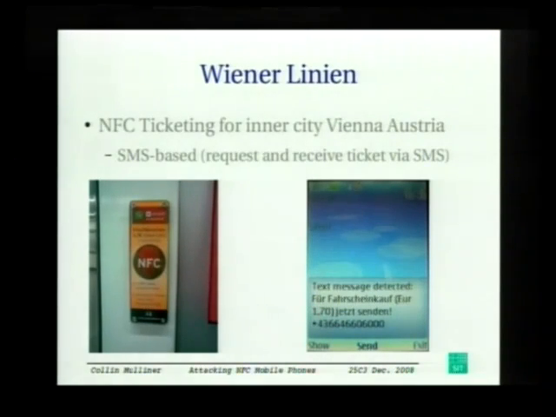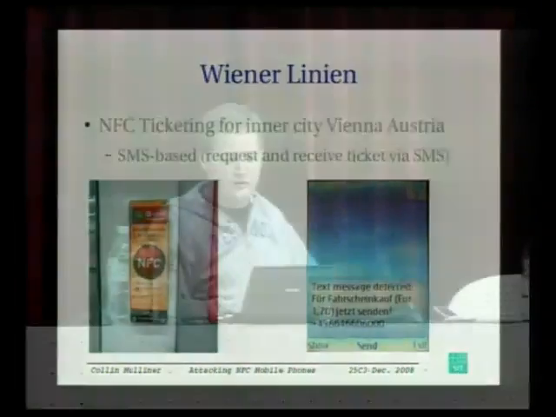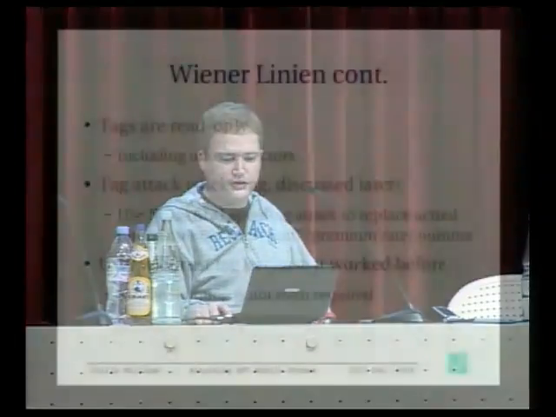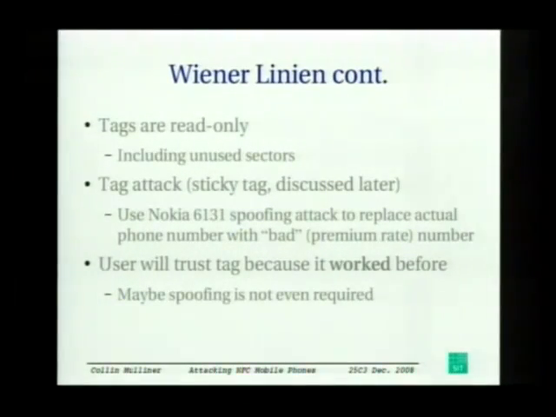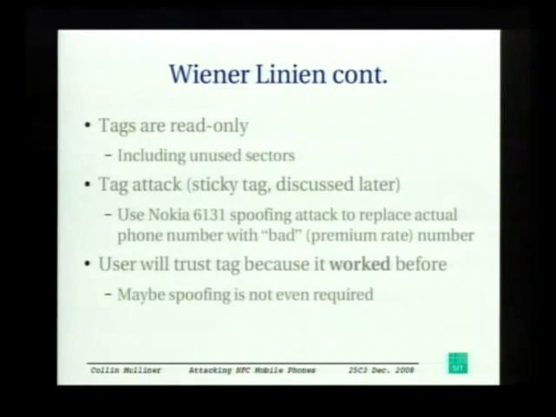If you say yes, it will send an SMS, and you will get back a ticket via SMS. The billing is done simply by deducting the amount from your phone bill at the end of the month, or, if you have not, PayPal, but some other payment service, it deducts the money from there.